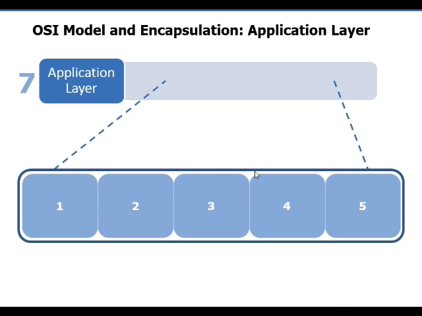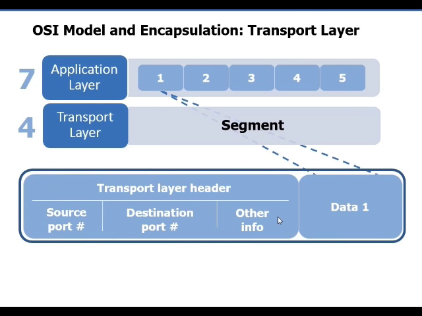What I have drawn right here is this blue box, which will be the large chunk of data. This will be Google's website that it's sending to our workstation. And it's going to break it up into these smaller pieces. Those smaller pieces are then encapsulated inside of the transport layer header, or the transport layer virtual envelope.